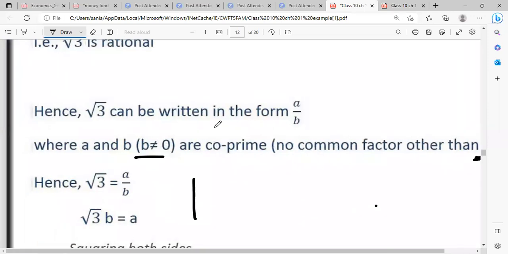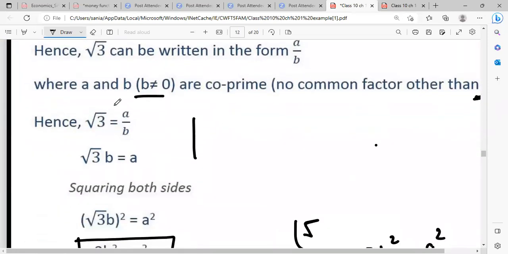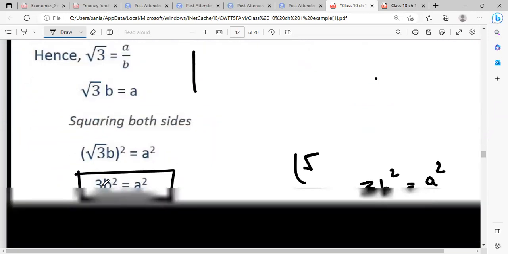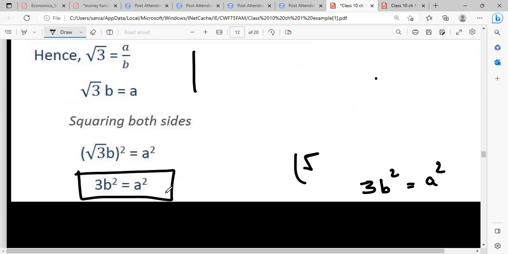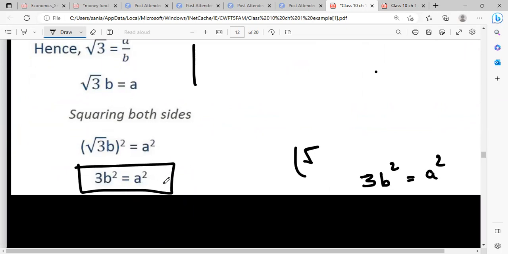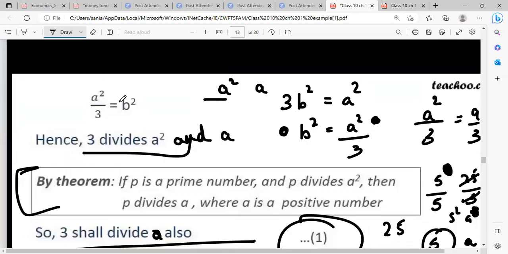Okay. So I just wrote under root 3 equals a upon b, and you took this b here. Then you squared both sides. So you got 3b square equals a square. Now 3b square equals a square, so this 3 came here: a square upon 3.